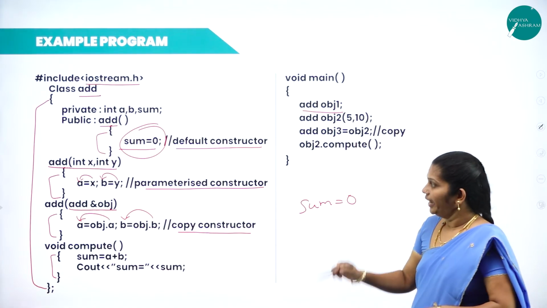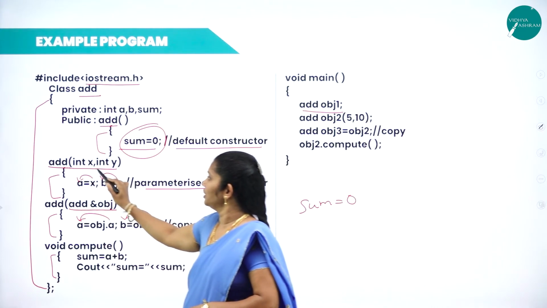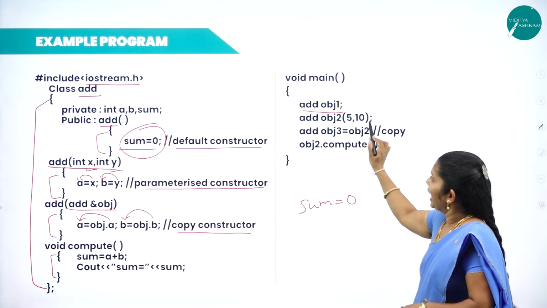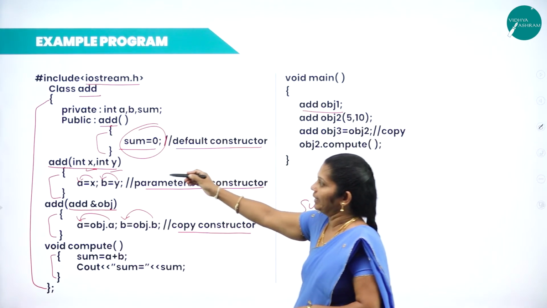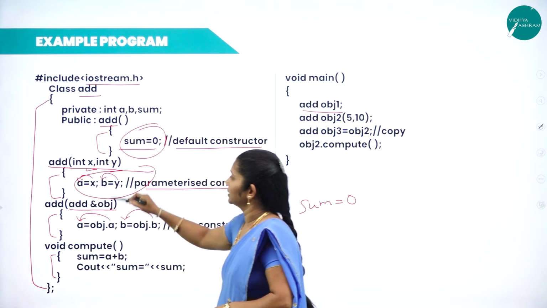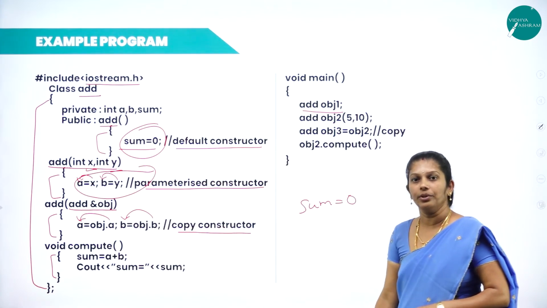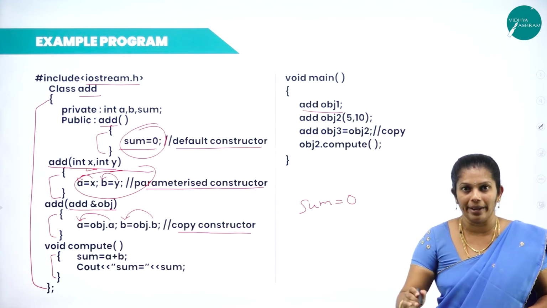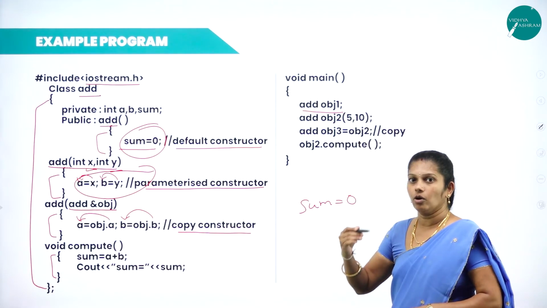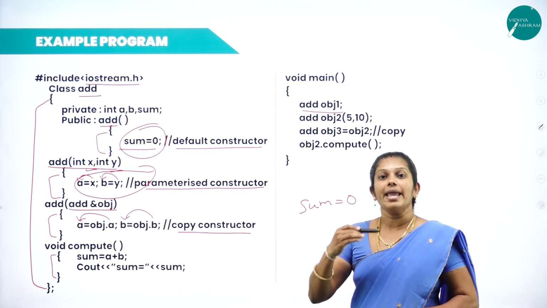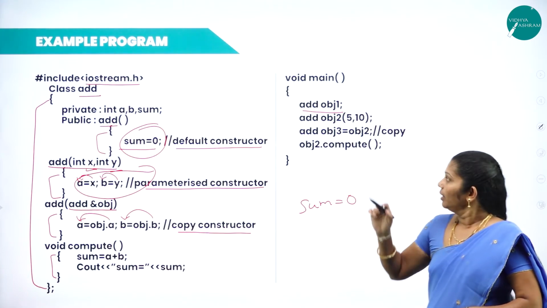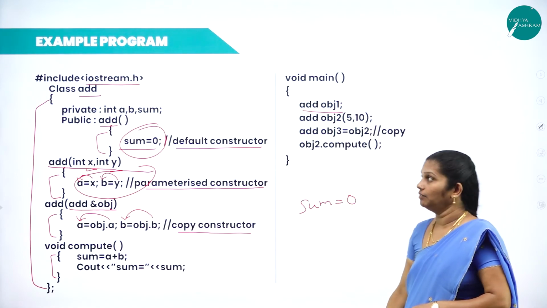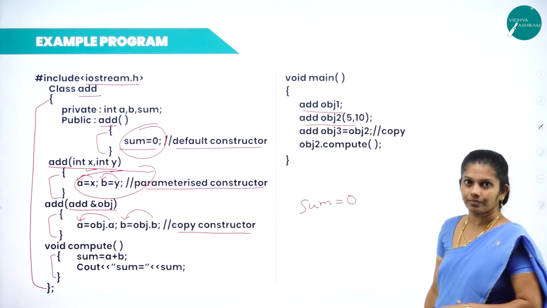It means that in place of x it will take 5 and in place of y it will take 10. If it has 2 arguments, then this parameterized constructor will automatically execute. When I create an object with arguments, in this case we are calling this parameterized constructor by implicit call. When we create this object, the parameterized constructor will execute automatically.